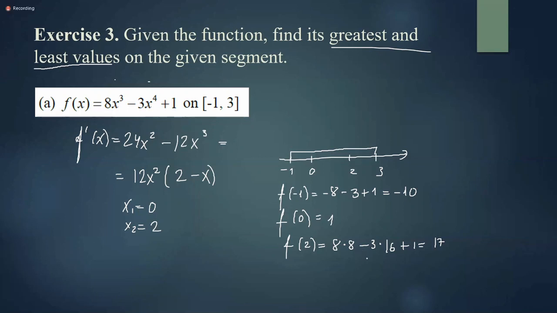Why can't we use the second derivative to find the greatest and least values, like finding the minimum and maximum? We could use it. We will do that when we deal with the second derivative later today. It can be used.